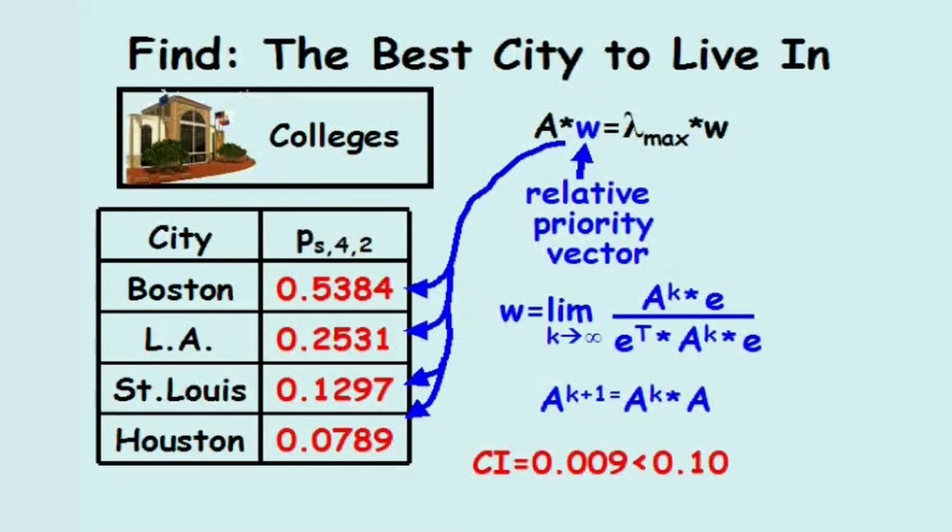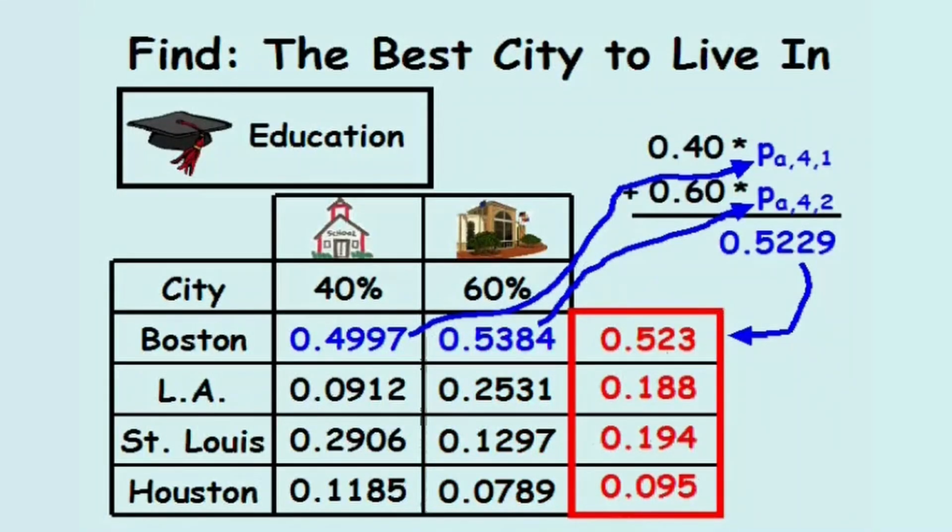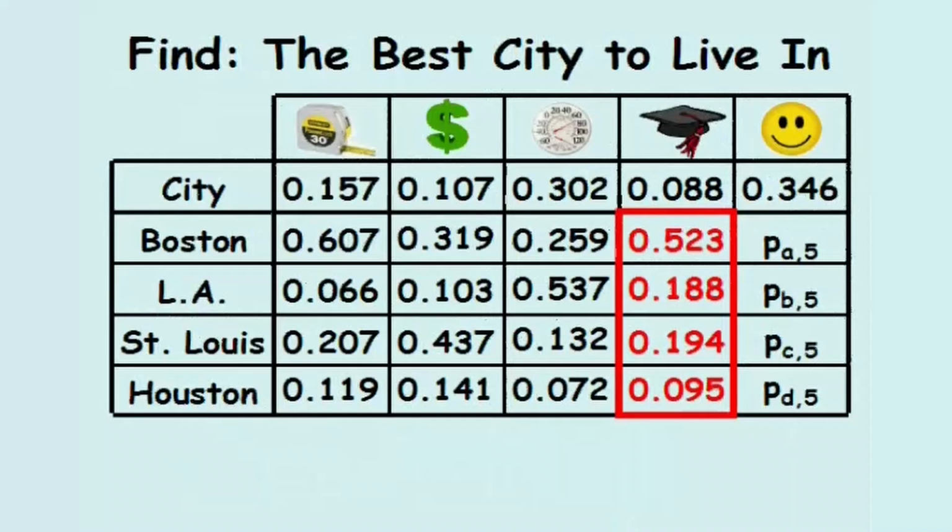The coefficient of inconsistency is again acceptably low. The relative priorities for colleges are entered into the table, and the relative priorities for education are computed. These relative priorities are then entered into the alternative comparison table for the education criterion.